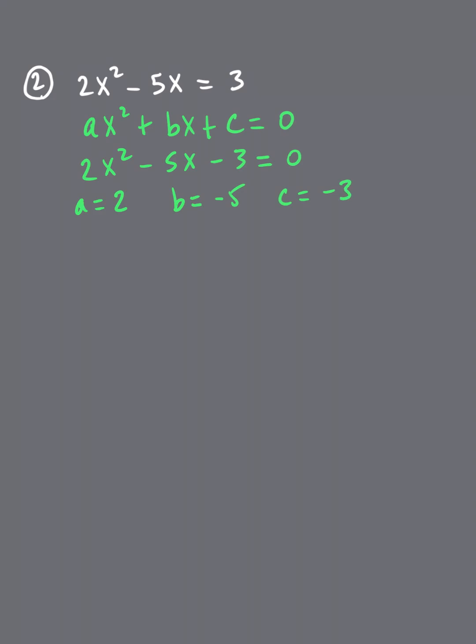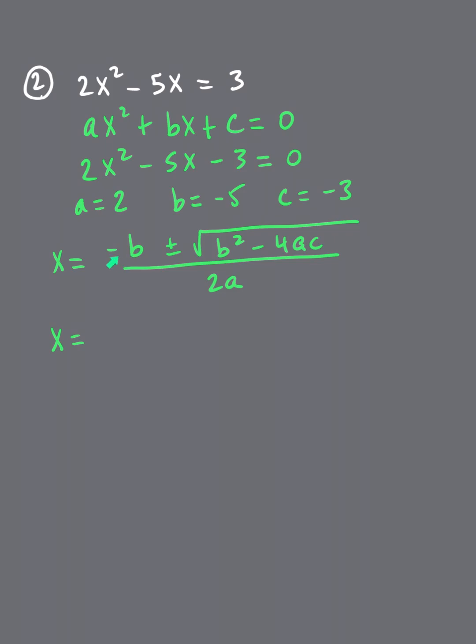So now we're ready for the quadratic formula, which I'll write down again here. x equals -b plus or minus the square root of b squared minus 4ac all over 2a. So we can plug in our numbers. Again, we do have that b is a negative number.